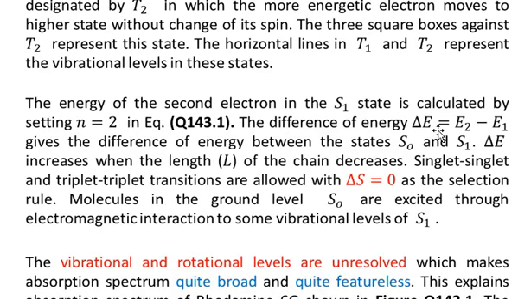The difference of energy between the singlet state S0 and the singlet state S1 is given by delta E, which is equal to E2 minus E1.